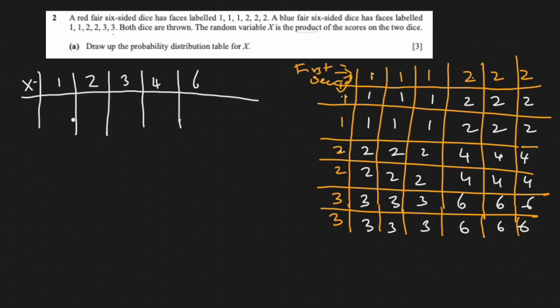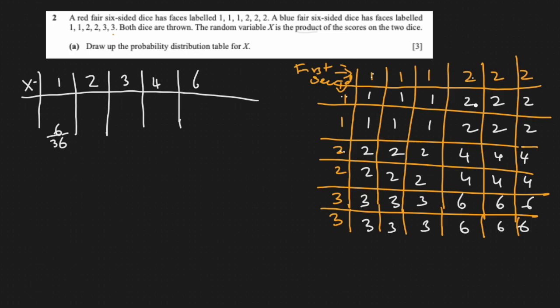Now total 6 times 6, there are 36 cells. Can you see how many of those 36? Let me count. How many are ones? 1, 2, 3, 4, 5, 6 out of 36.